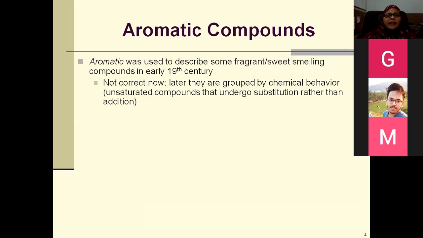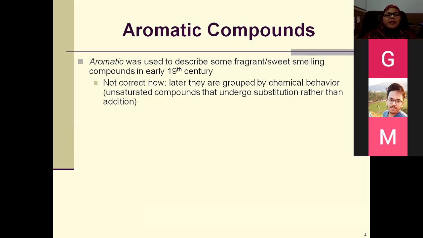Later on, it was found that many other aromatic compounds do not have the fragrance or sweet smell. So they grouped them by chemical behavior rather than by sweet smelling nature.